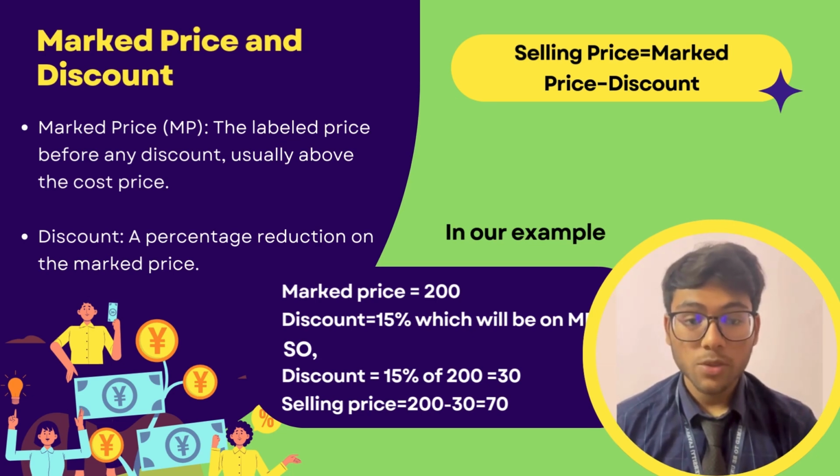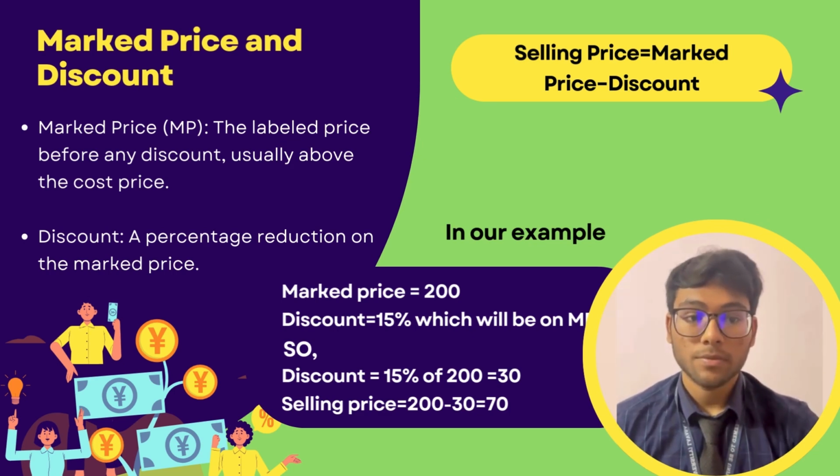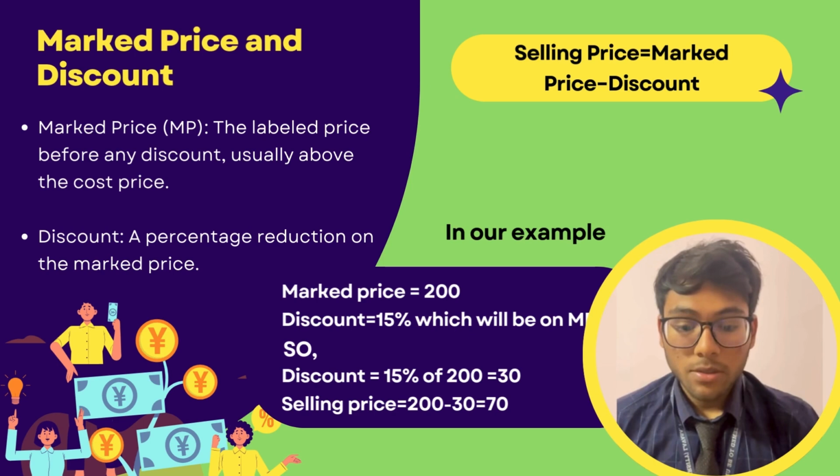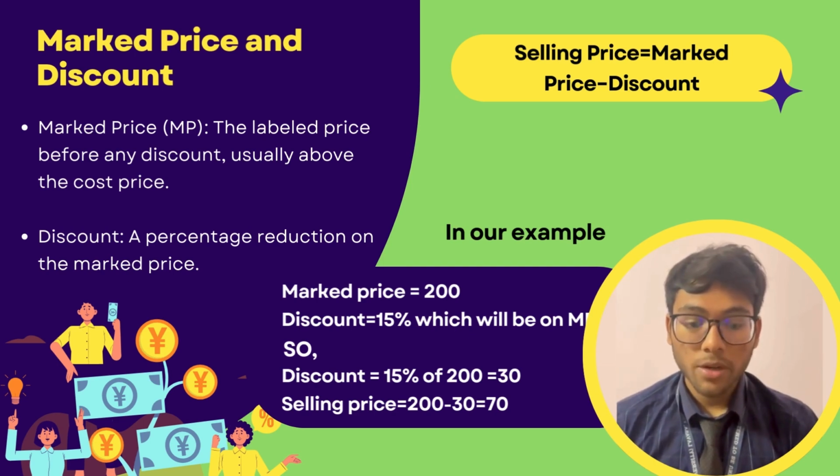In this situation, the formula for calculating the selling price is equal to mark price minus discount. Let us take an example to understand this better. In this question, the mark price of the item is 200 with a discount of 15%.